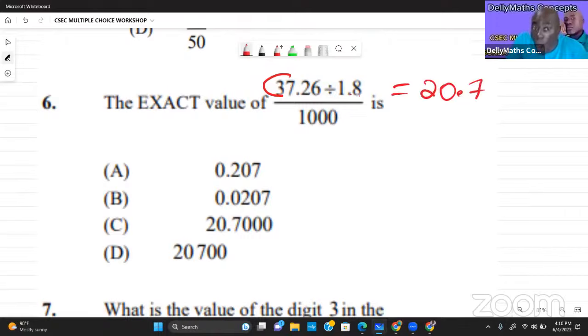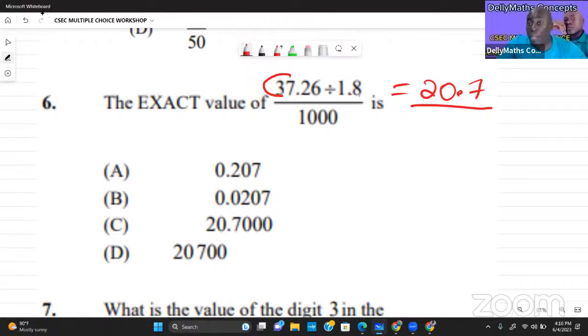Because all the numbers have 207, 207, 207. So I know that whatever I do, I'll have 207. But I know that 37.26 is near to 40 and 1.8 is near to 2. So I'm looking for 20 point something. So with that, I would know that top is 20.7, right?